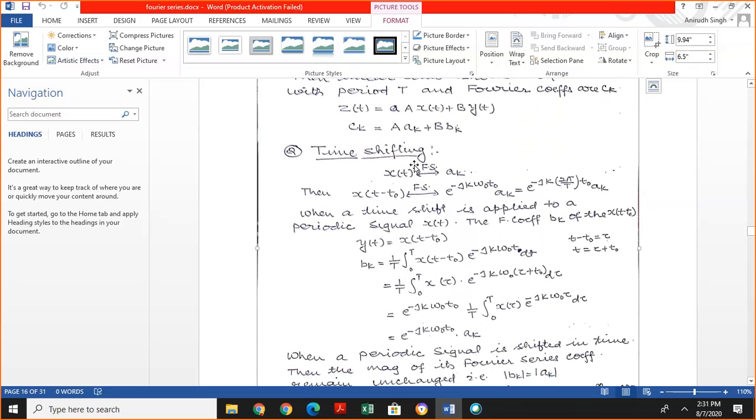Time shifting property. If x of t and ak are a Fourier series pair, then if this signal is shifted in time domain, we get the expression exponential minus jk omega t naught multiplied by ak.